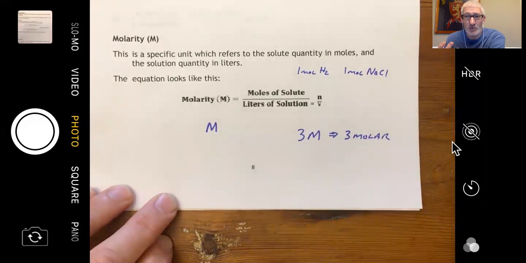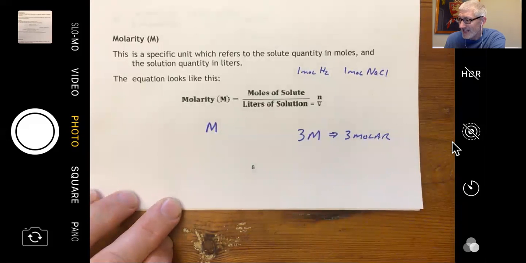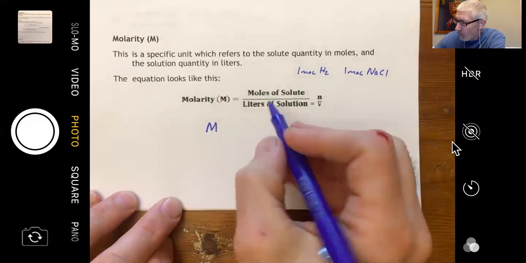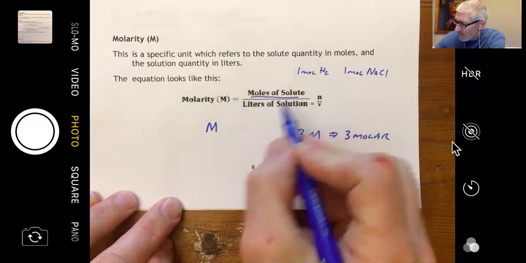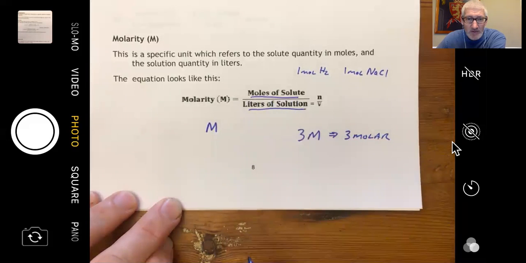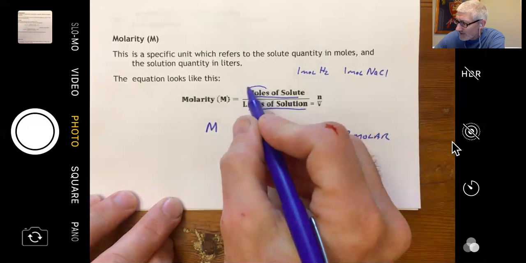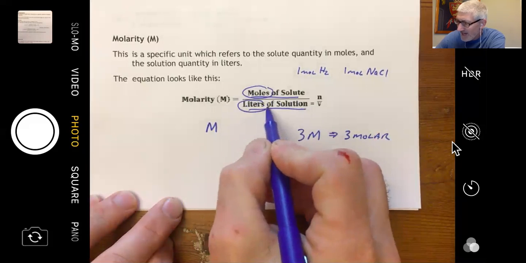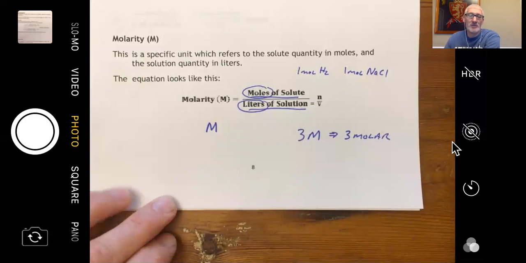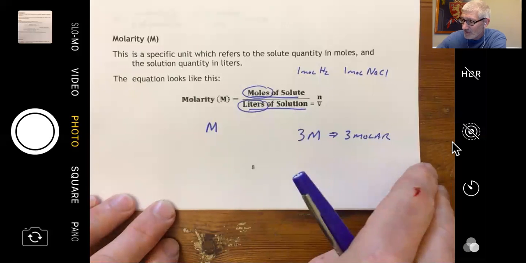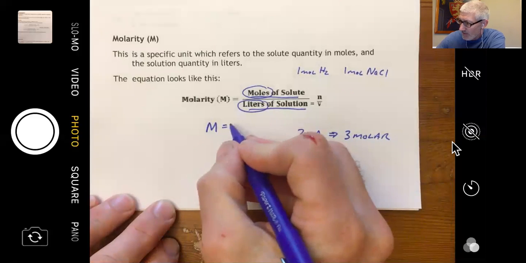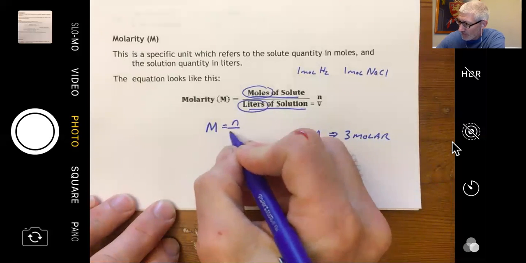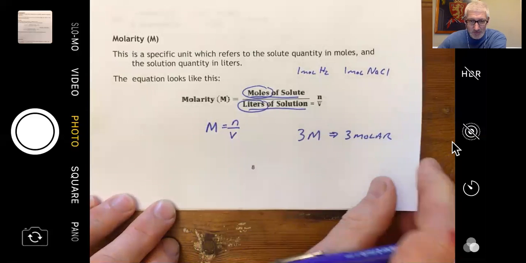It's a weird unit, but that's the name of it, and it is literally moles of solute divided by liters of solution. So two key points: make sure that you've got the solute in moles, and make sure that you have the solution in liters. Those are going to be the places that you get messed up. So the formula is pretty straightforward. Molarity is number of moles over liters of solution.